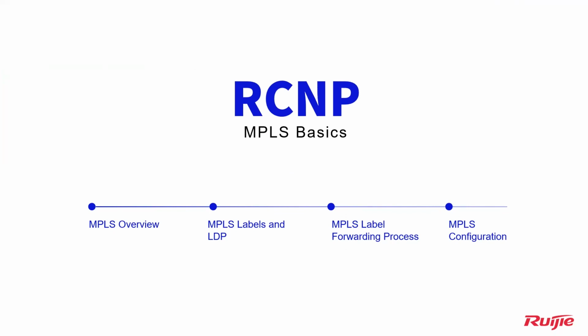If all the devices have the label information, then how to forward the message out according to the label information is the forwarding process. The last step is the MPLS configuration. You only add the configuration, then you can get the forwarding plane and forward the message out. So there are 4 parts. Let's start with the first part, the MPLS overview.